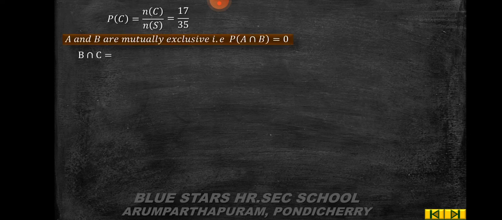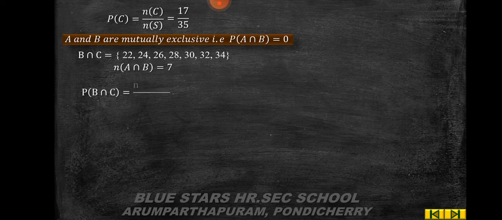Since A and B are mutually exclusive, P of A intersection B is equal to 0. So B intersection C is 22, 24, 26, 28, 30, 32, 34. N of B intersection C is 7. P of B intersection C is 7 by 35.